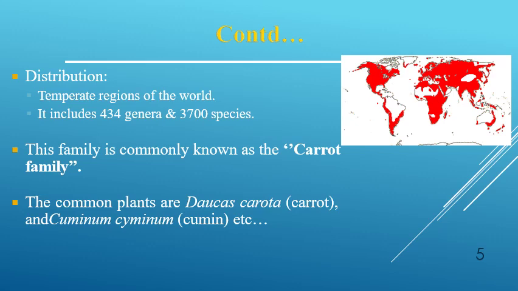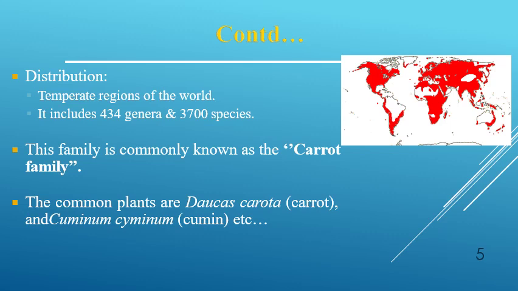The members of this family Apiaceae are distributed in most parts of the world. It means it is cosmopolitan in nature, but they are commonly found in subtropical and north temperate regions of the world.